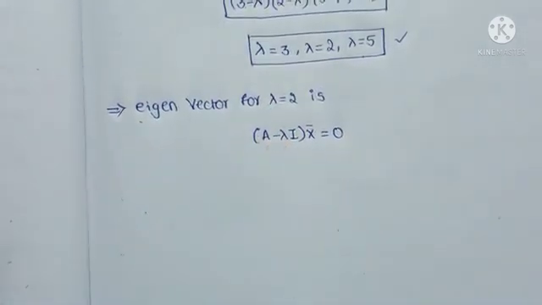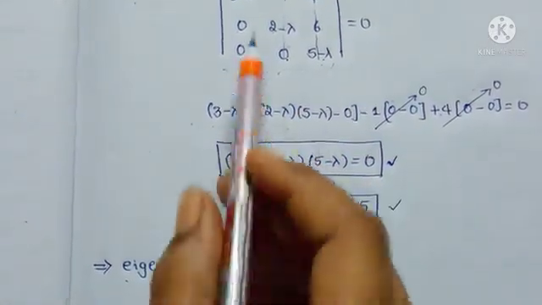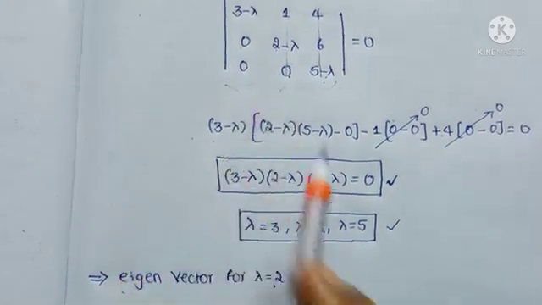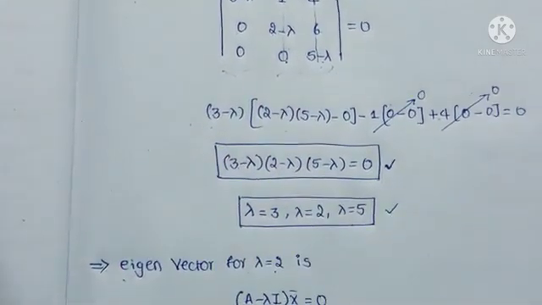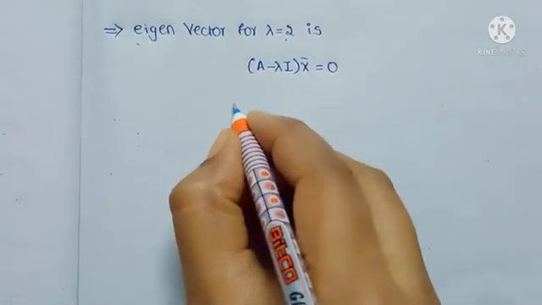Here we know the A minus lambda I matrix, and directly substitute lambda equal to 2 in this matrix. Sorry, I am writing here directly.